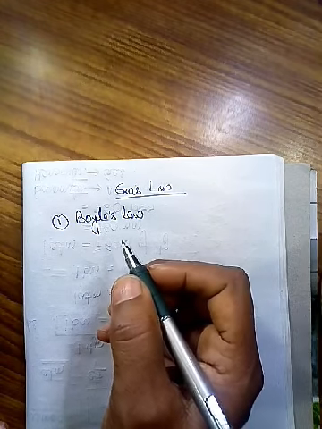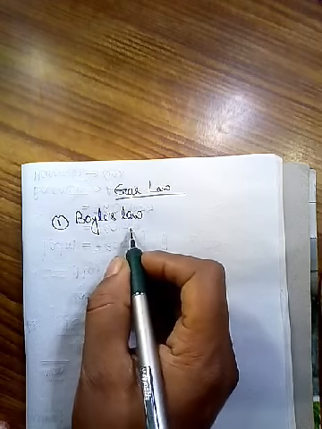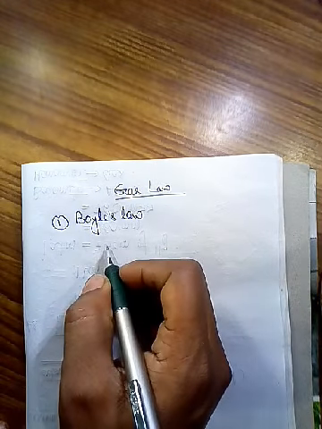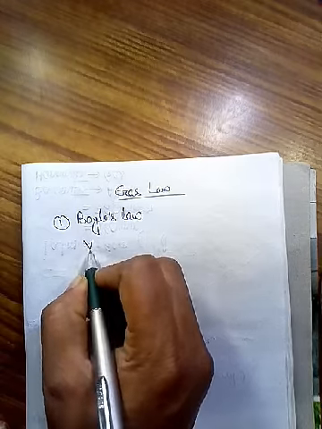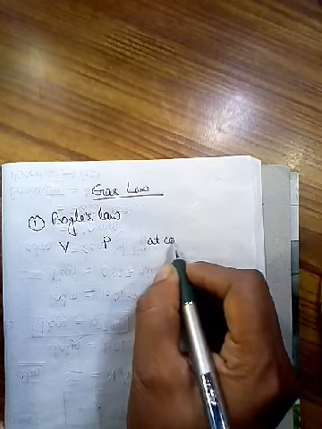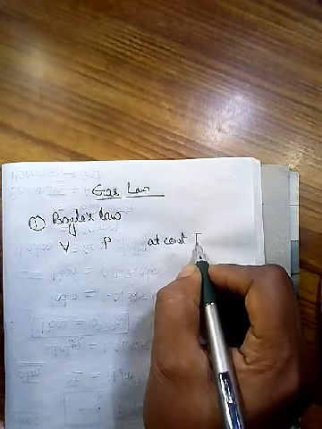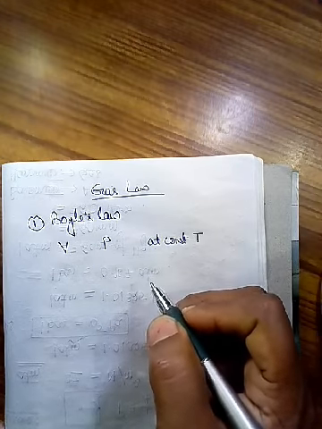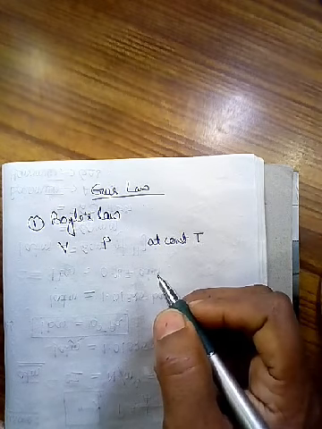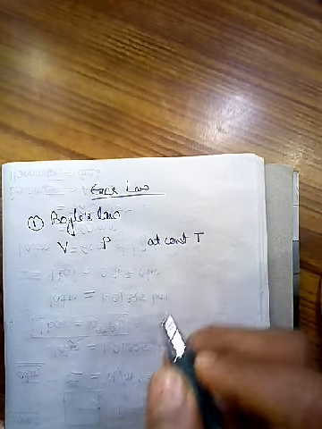So Boyle's law is the relationship between volume and pressure at constant temperature, and actually all the laws are given for a given quantity of a gas.